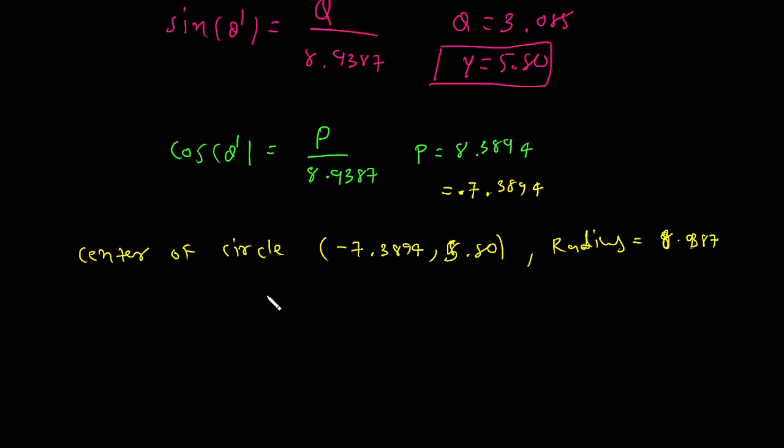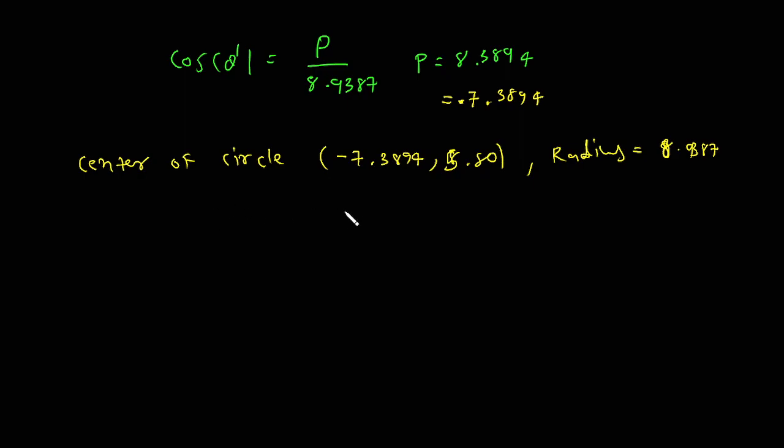So now what we have to do is just write the equation of this circle with this center and this radius. So use this general equation of the circle equal to r square. Now here h and k is the center of the particular circle.